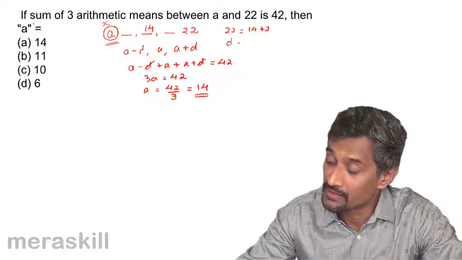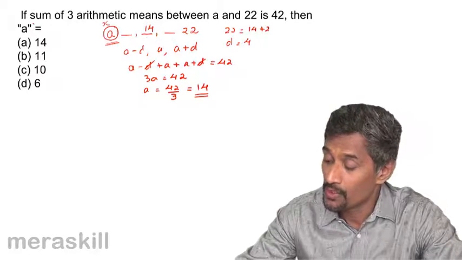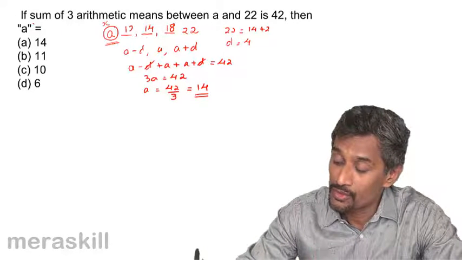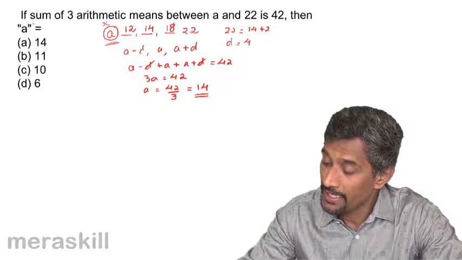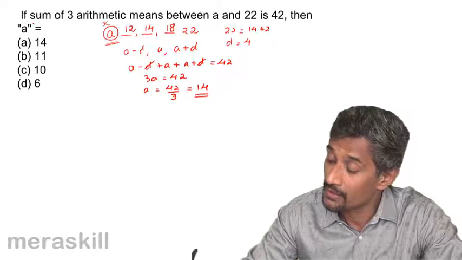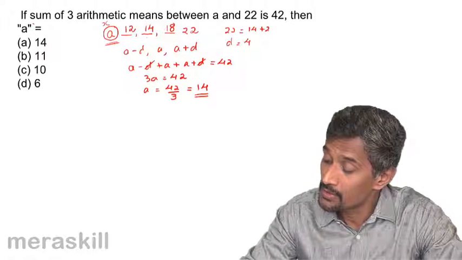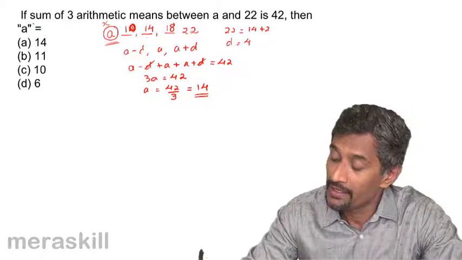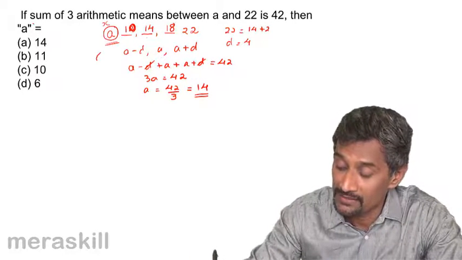So d turns out to be 4. So this is going to be 18, and this is going to be 12. And hence the terms are 22, 18, 14, then 10, and hence this is going to be 1 less, that is 6.